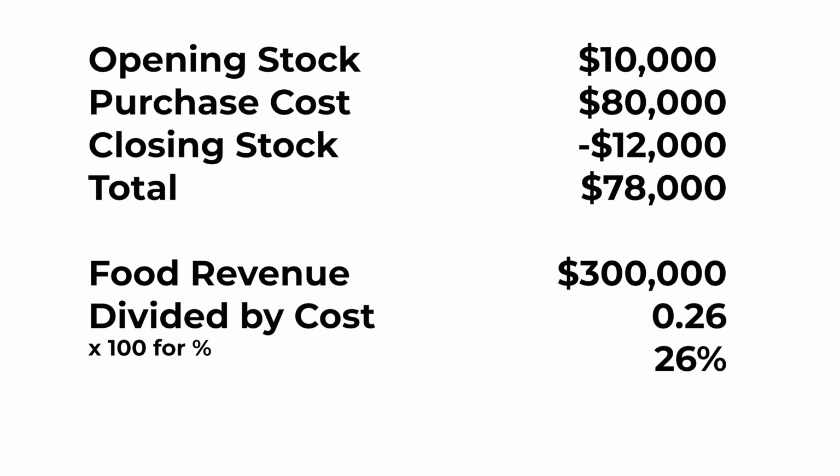My revenue on food for the month was 300,000. So to calculate my food cost, it is 78,000 divided by 300,000. This gives me 0.26. As explained, the food cost is always in percentage. So the food cost is 26%.